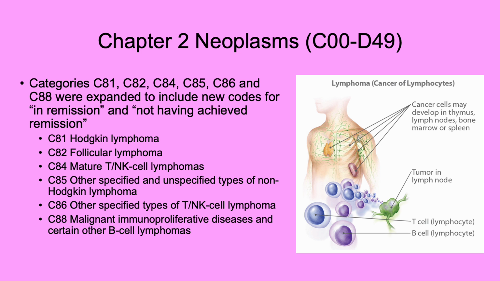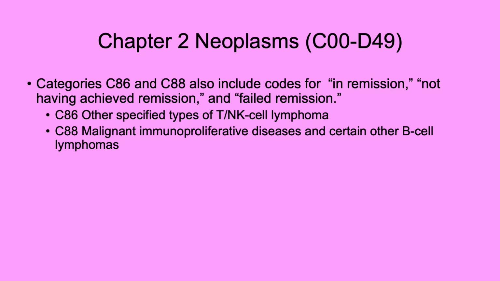Important information to have documented in a patient's file. Now, also categories C86 and C88, which are also lymphomas, include codes for in remission, not having achieved remission, but also failed remission. So this means that a person has not achieved remission after treatment. So they've been in treatment, but the treatment's not working.